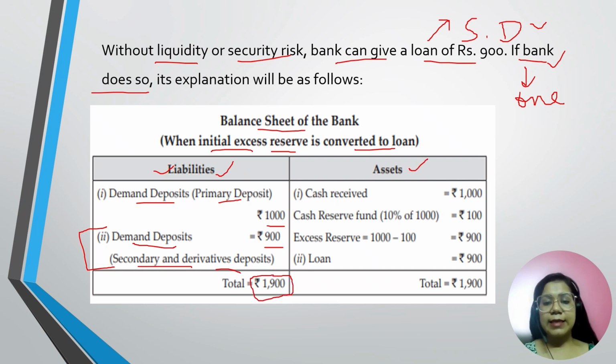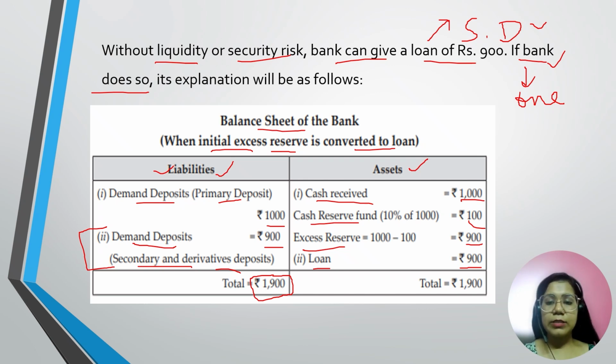Now let's see the asset side. There we had received the cash of 1,000 rupees. We had kept a cash reserve fund of 100 rupees, and the excess reserve was 1,000 minus 100, which was 900 rupees. Now of this 900 rupees, we gave out a loan of 900 rupees, which is again an asset for us. Why? Because we will get interest on this.